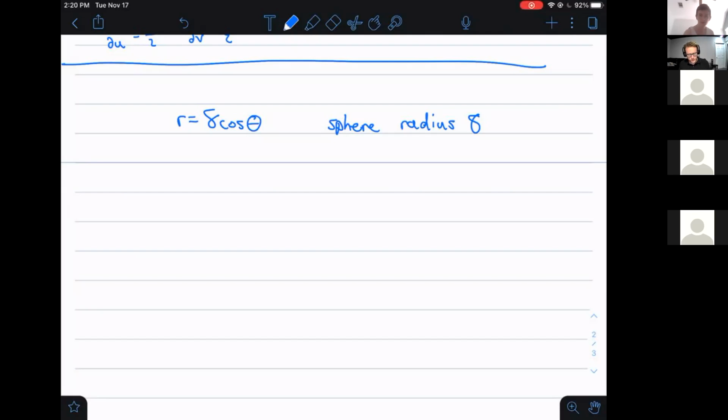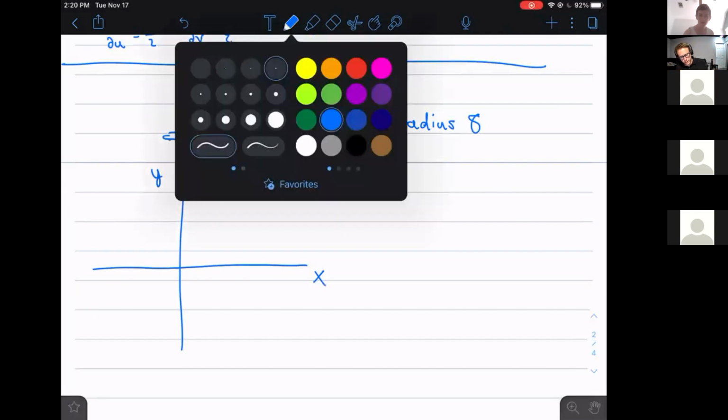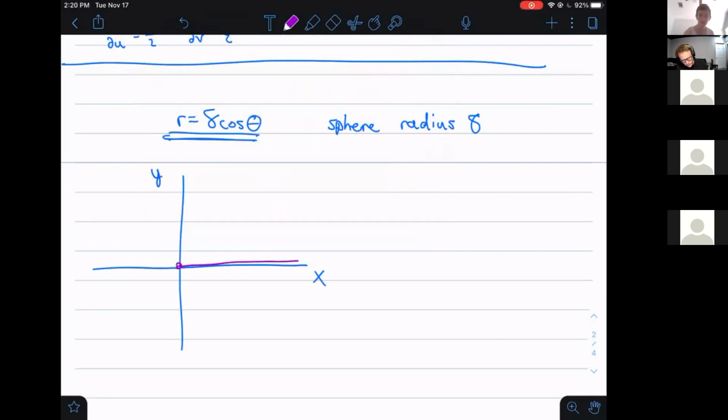All right, maybe first of all, let's review. We have probably done this plenty in Math 133, and also a little bit here in Math 234, what this r equals 8 cosine theta looks like. Let's first start off with it in the xy plane. If you point in the direction of theta equals 0, that goes towards the positive x-axis, right?